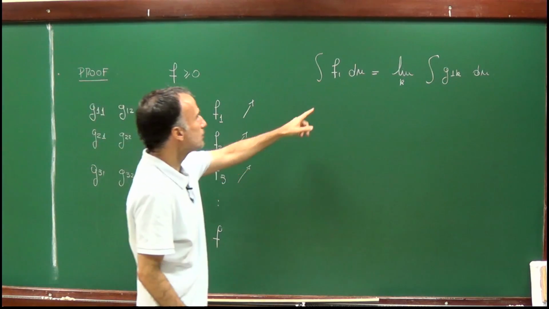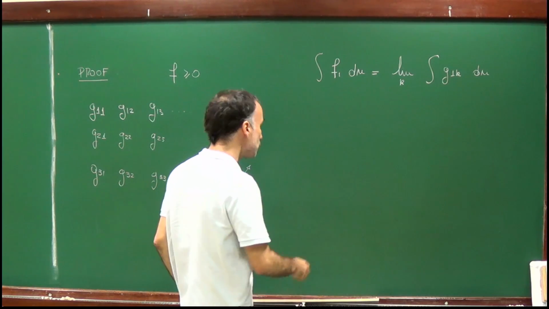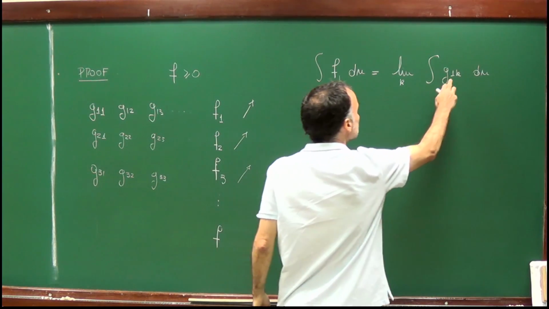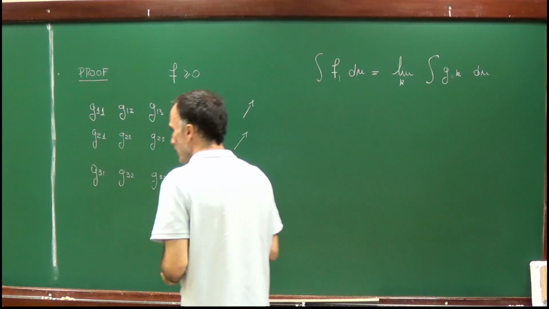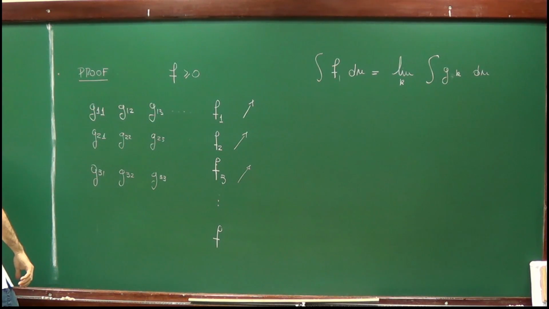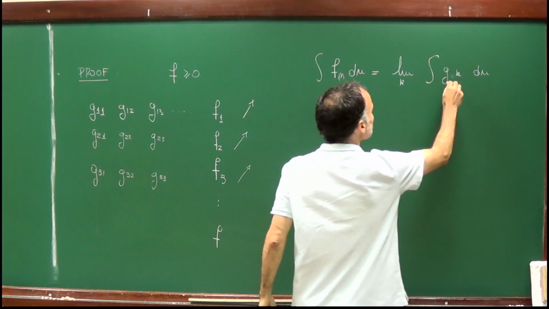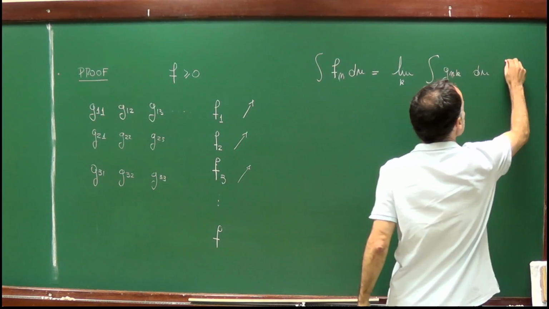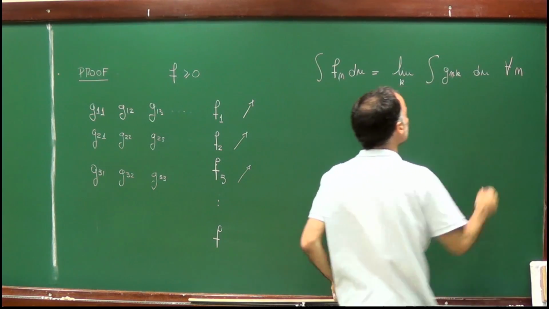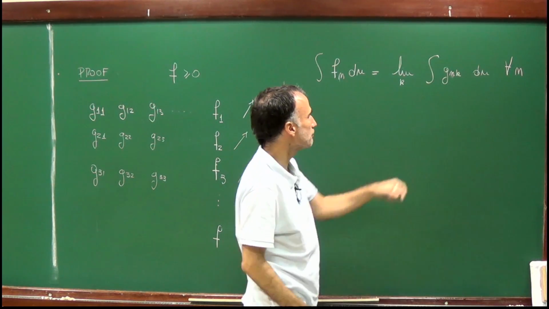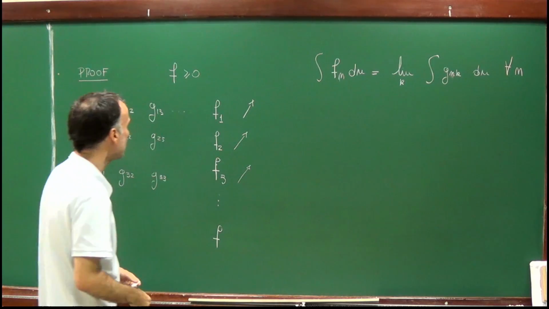So this is true for 1, but it's also true for any fixed n. So let me rewrite that as saying that for any n, the integral of f_n is in fact equal to the limit of the integrals of these simple functions.